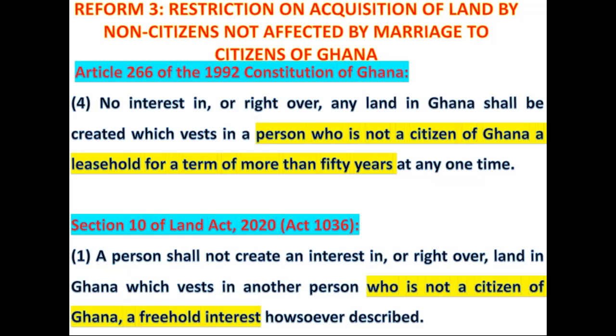You're a foreigner, but you come and marry a Ghanaian for the sole purpose of acquiring some rights to acquire an interest in land beyond 50 years or to acquire a freehold interest. Now, there is a restriction. The law has caught up with all such persons.